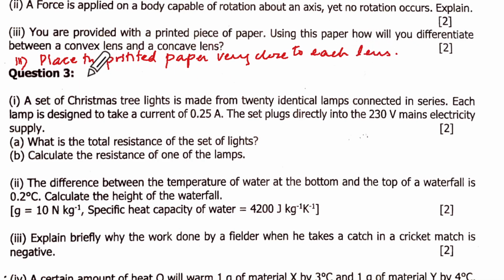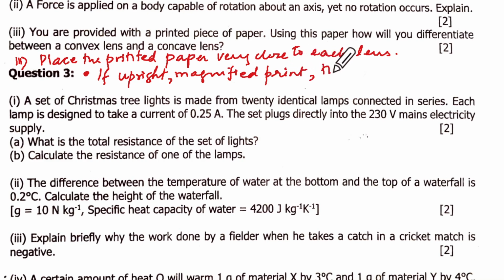Then in the next line, put one bullet and say if upright, magnified print, then which lens it will be? Underline convex lens. Okay, underline upright and magnified.